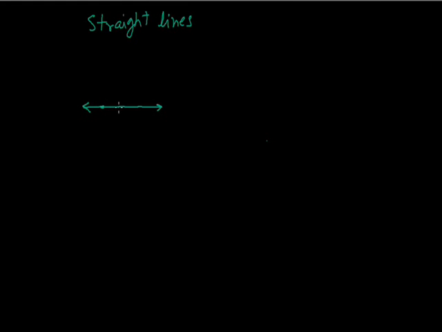Suppose this point is A, this point is B, this point is C. Now these 3 points are on this line, and a straight line is a flow of points in a particular direction. Now first of all, we are talking about slope of a line.